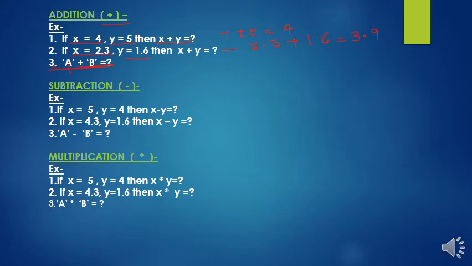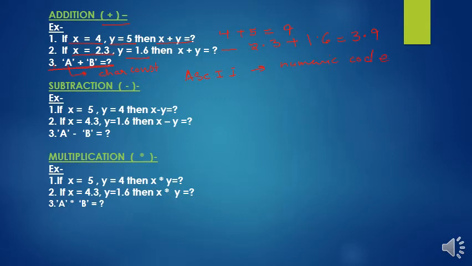Next, here is a very important addition, that is 'a' plus 'b'. So 'a' plus 'b' means these are character constants. When a single letter is written inside single quotes, it is known as a character constant in Java. So the Java compiler internally converts character constants a and b into their ASCII code, that is, into their numeric value.